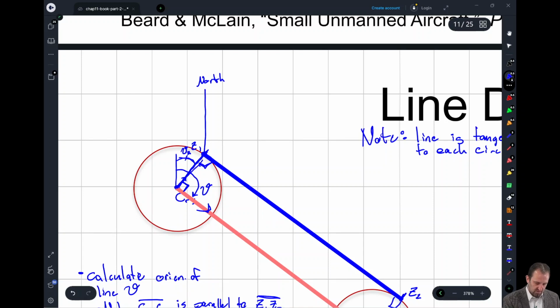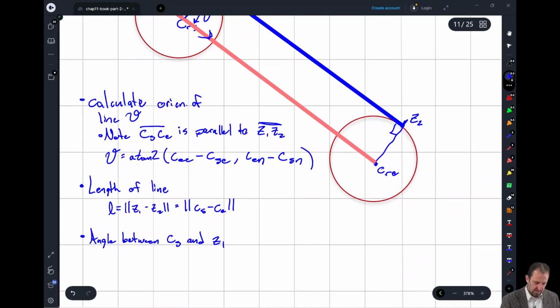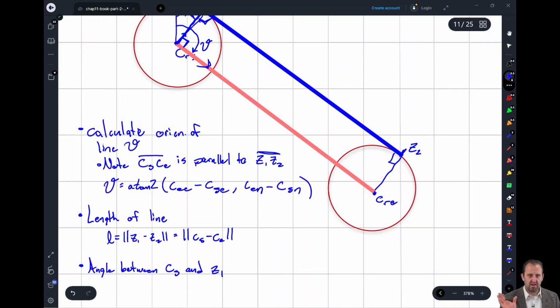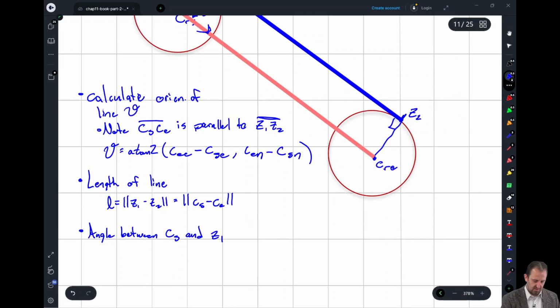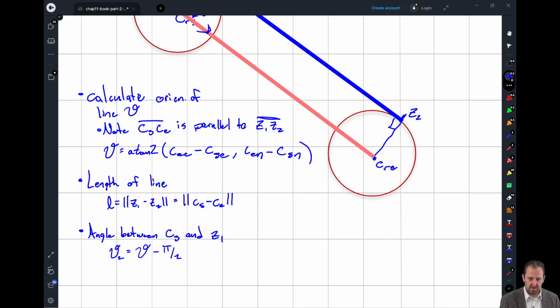So var theta 2 is the angle from CR to Z1. We just take our var theta and rotate it backwards by 90 degrees, so var theta 2 is equal to var theta minus pi halves. Now we know the orientation of that one.